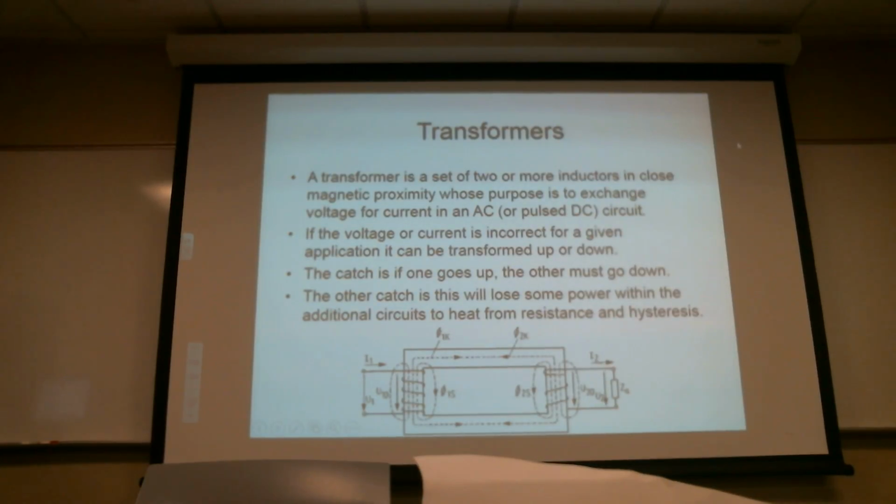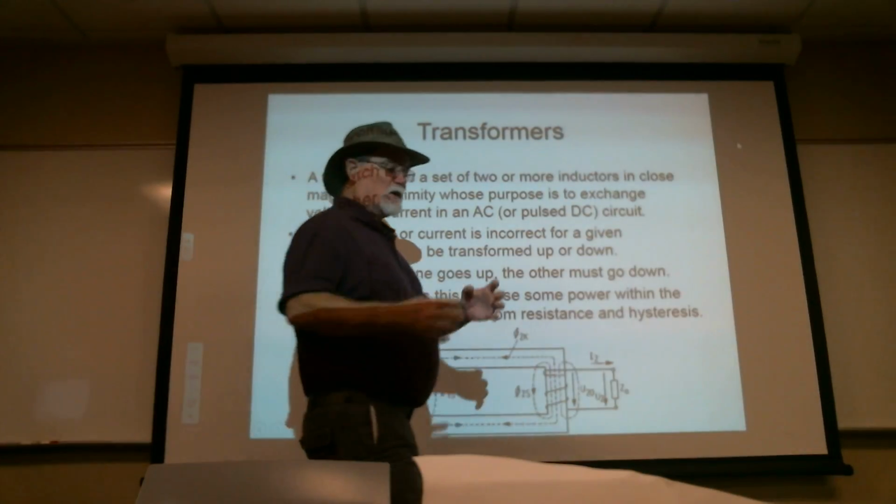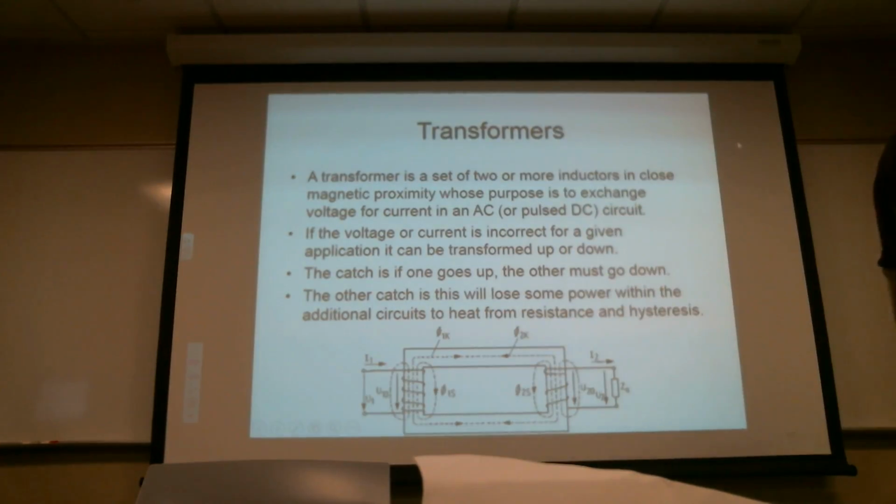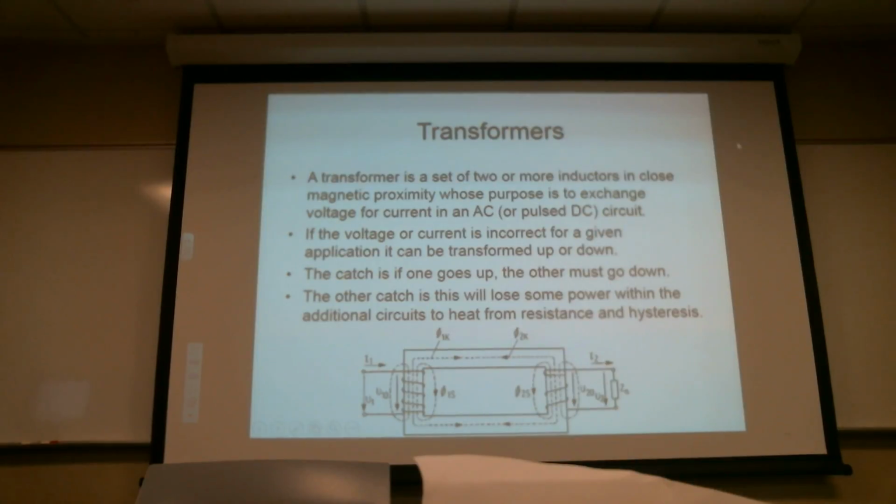All right, so a transformer is essentially two or more inductors in close, and I'm going to use the word magnetic proximity. They themselves don't necessarily have to be touching each other or wrapped around each other. I can use a magnetic conductor, a permeable conductor, like is drawn here, an iron plate where any magnetic field that forms is going to form and stay inside the magnetic plate.